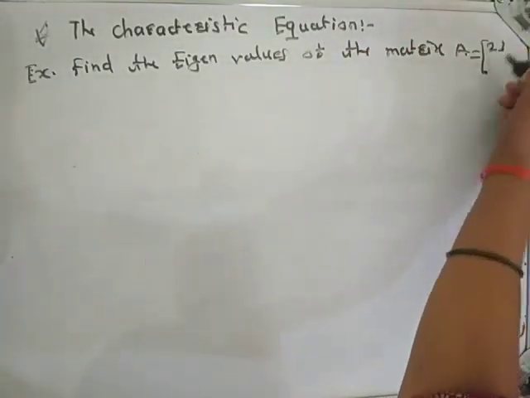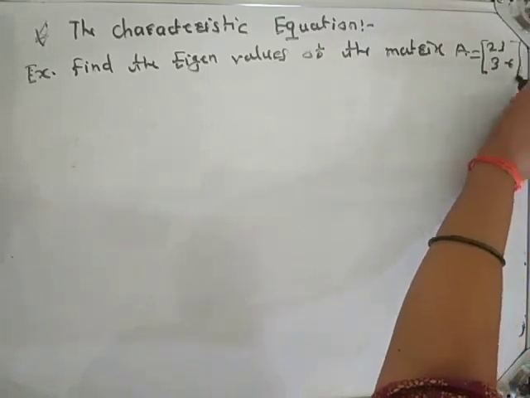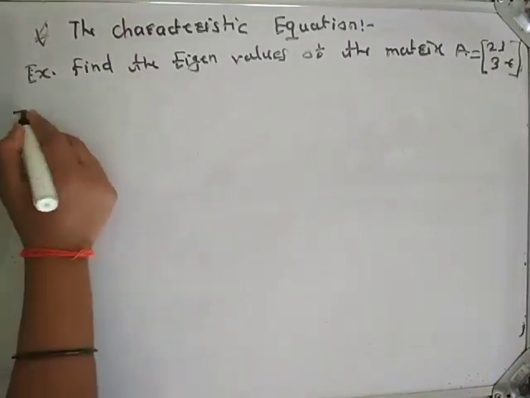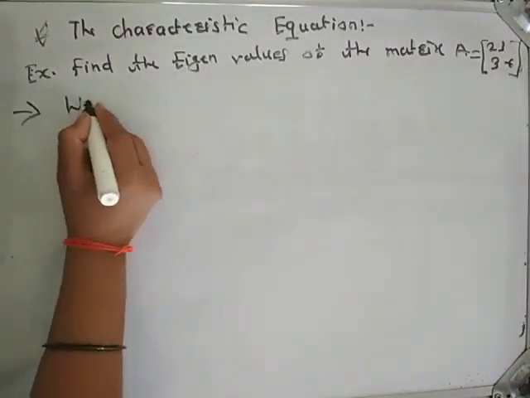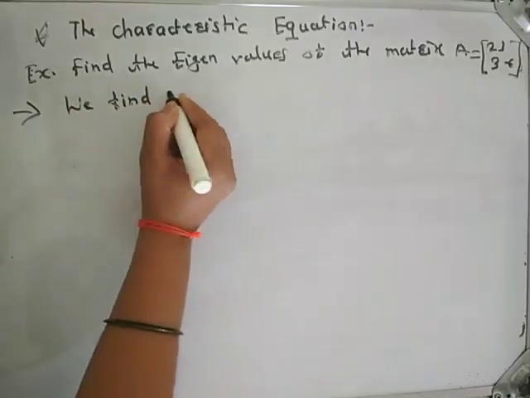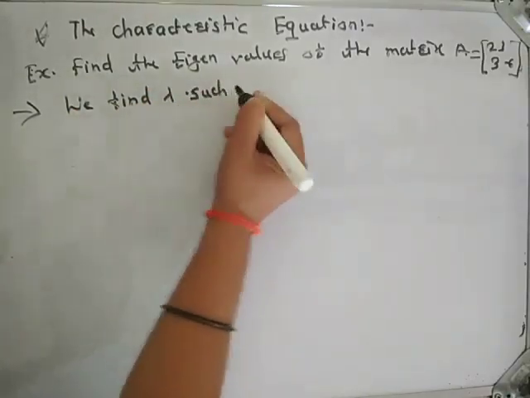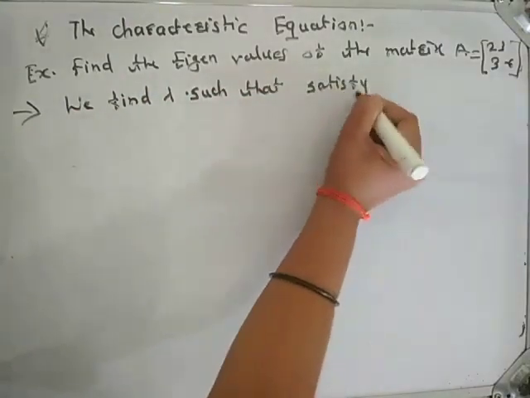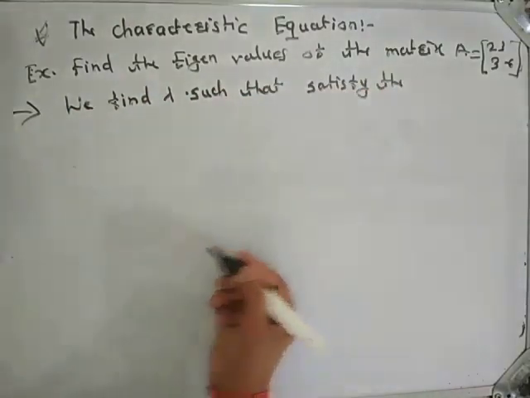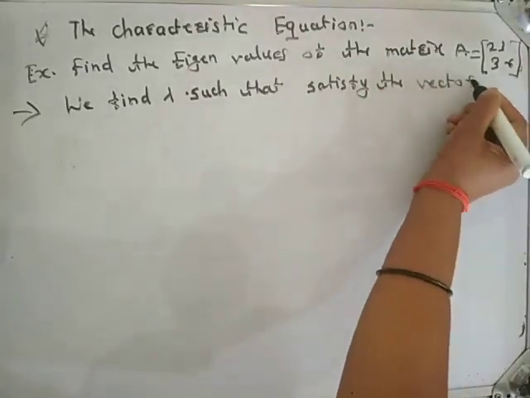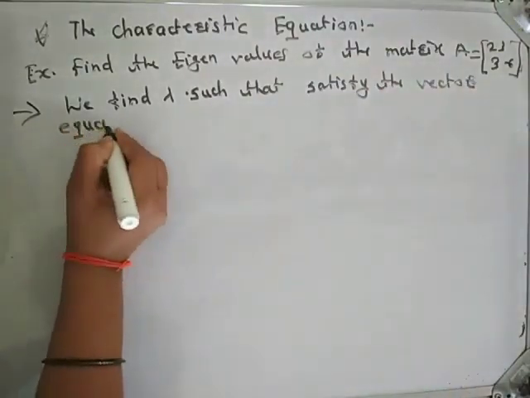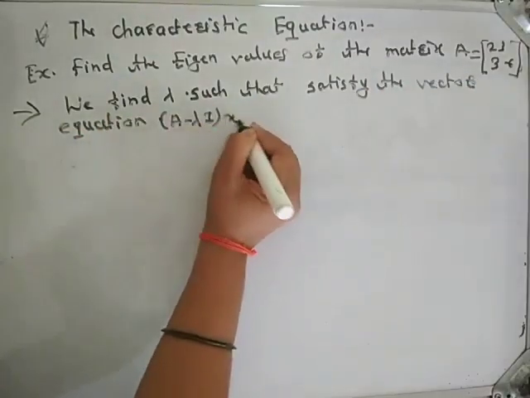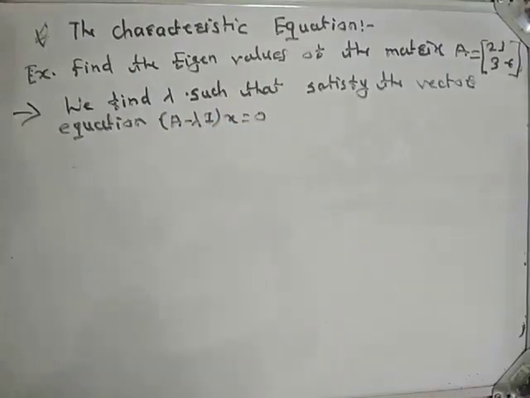Matrix A = [2 3; 3 -6]. Solution. Here we have to find lambda such that it satisfies the vector equation (A - lambda I)x = 0.